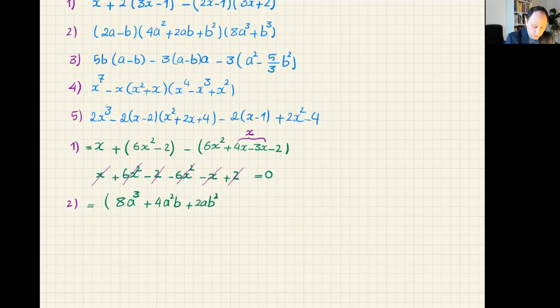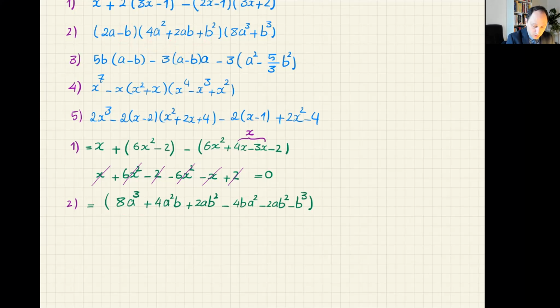So these 3 terms that you see here are the results of the product of this here, here, and here. Now that this is finished, I go to minus b and multiply it here, here, and here. So the answers would be minus 4ba squared, minus 2ab squared, and then minus b cubed.